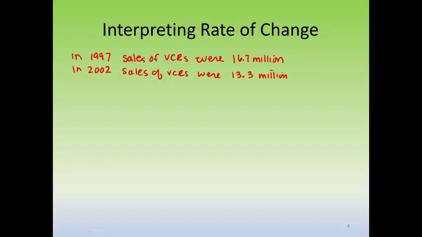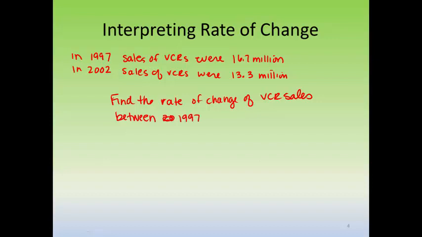So if we needed to find the rate of change of the sales of VCR, so the average rate of change of VCR sales, so that's our direction, find the rate of change of VCR sales between 1997 and 2002.